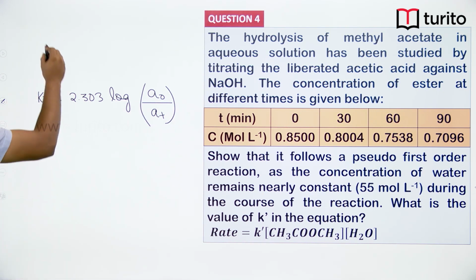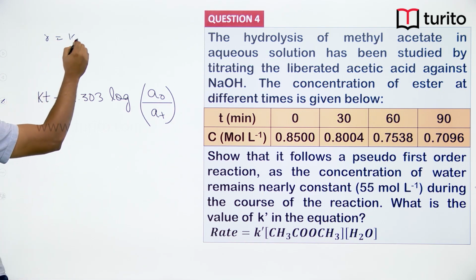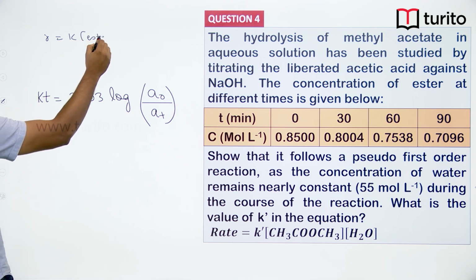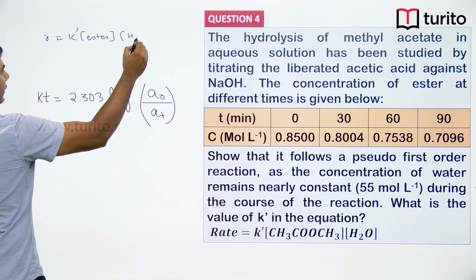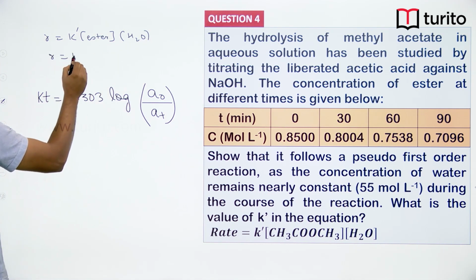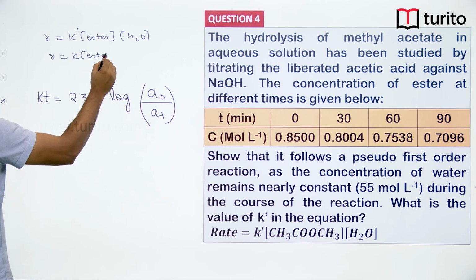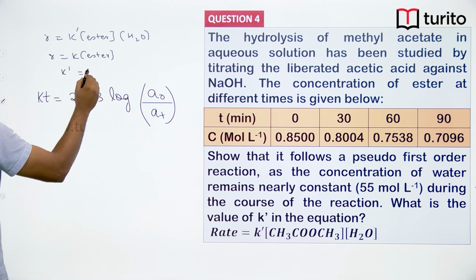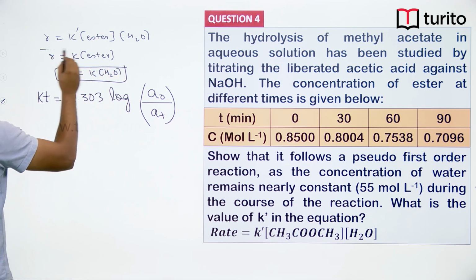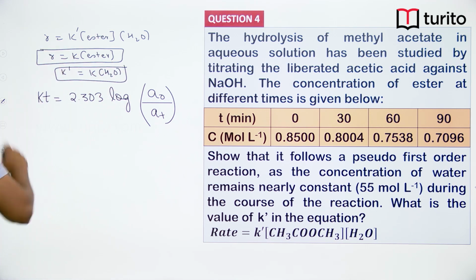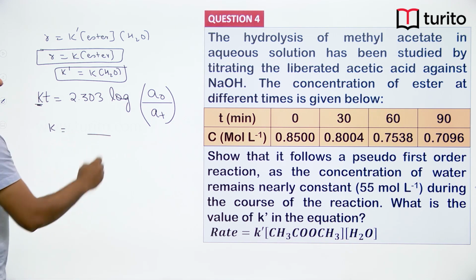Basically the rate of this reaction would be K dash into concentration of ester, where K dash is K into concentration of water. So this is our first order equation. The rate constant of a pseudo first order reaction was K, so we are writing K over here. We'll just find the value of K at different times.